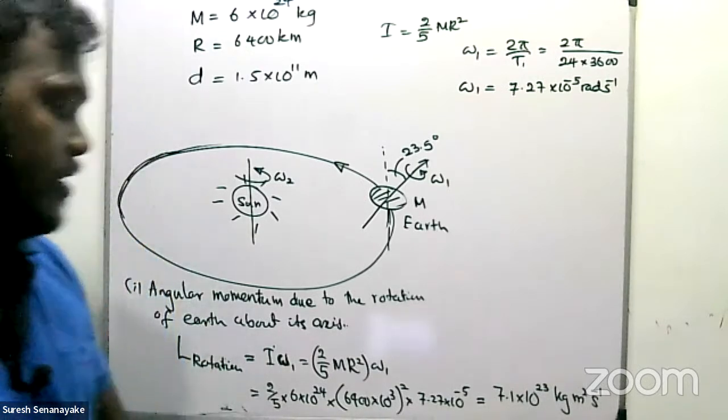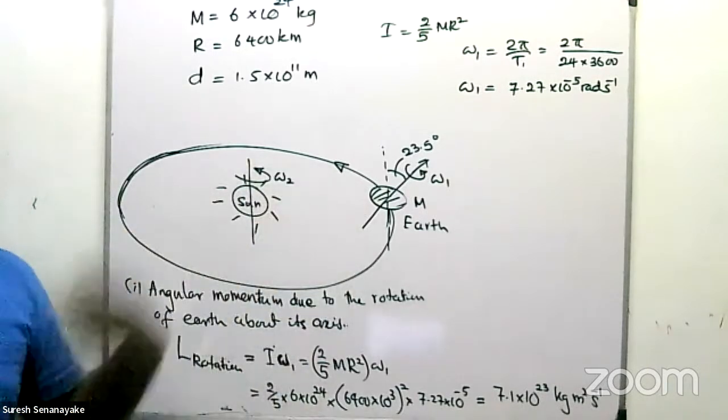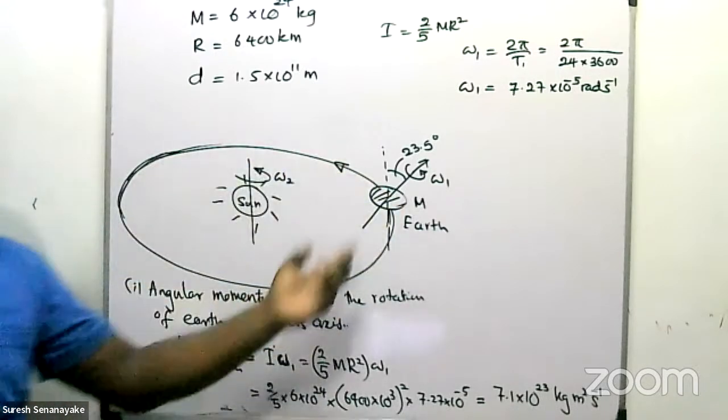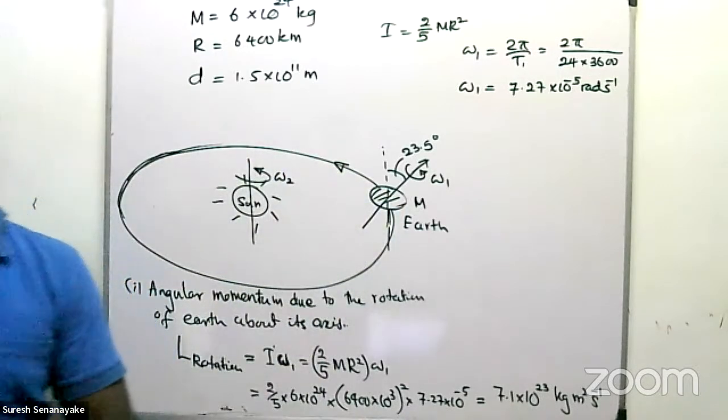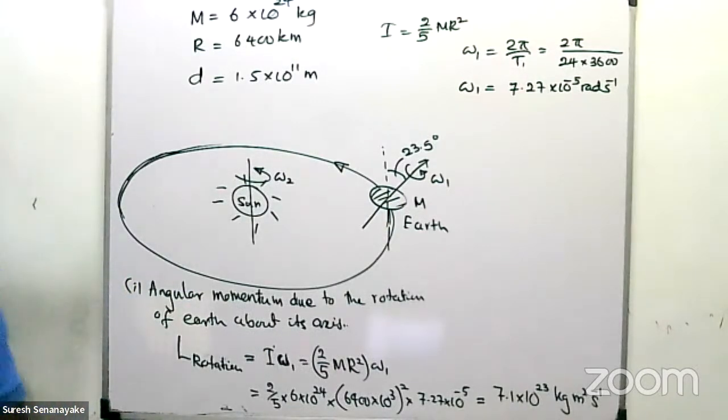Then let's see the orbital angular momentum. When the Earth is orbiting around the Sun, it also has angular momentum because it makes a rotational motion. It's considered another kind of rotational motion, the orbital motion, right?